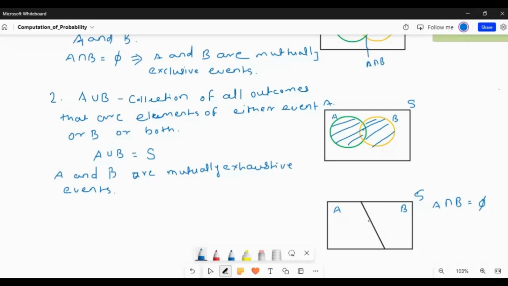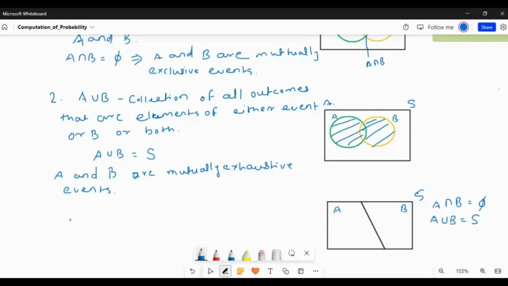So no element between A and B, and A union B is the whole sample space, right? So here A and B are both mutually exclusive and mutually exhaustive.